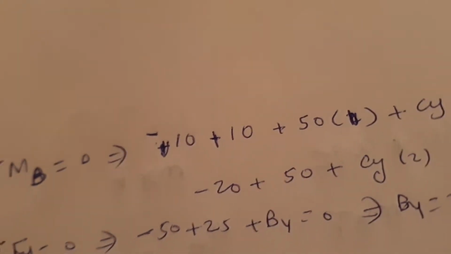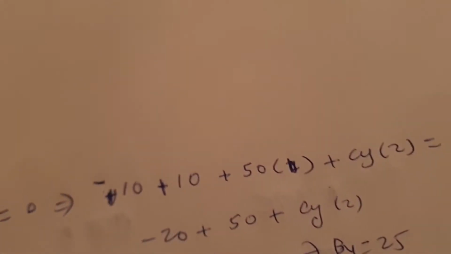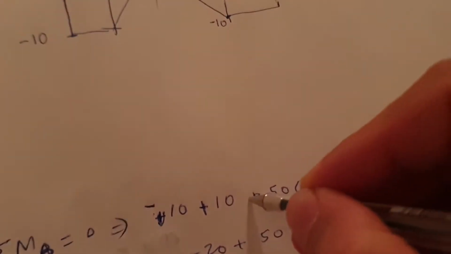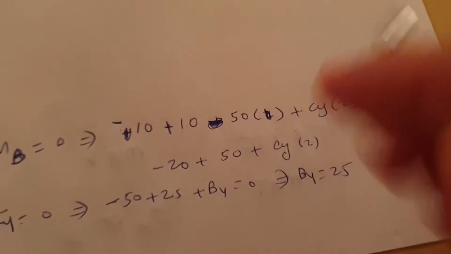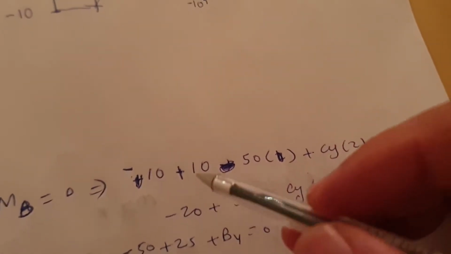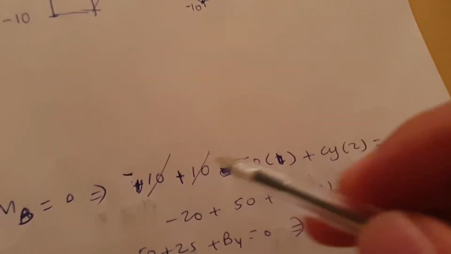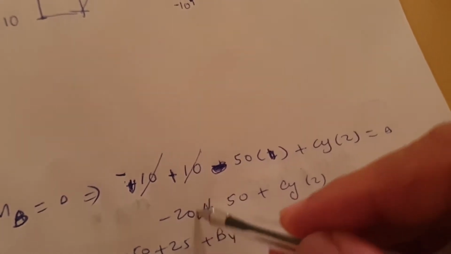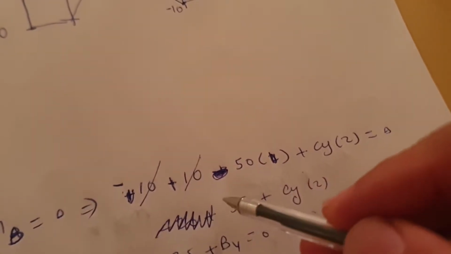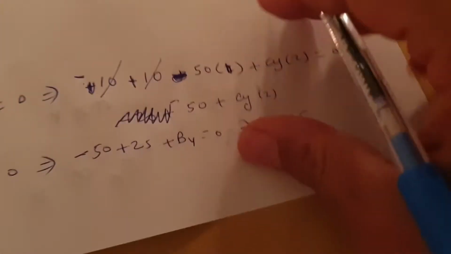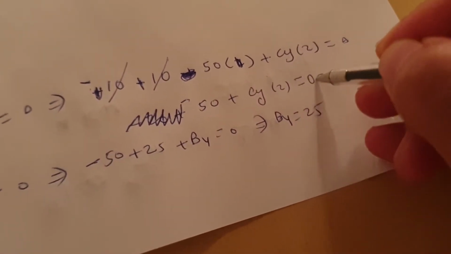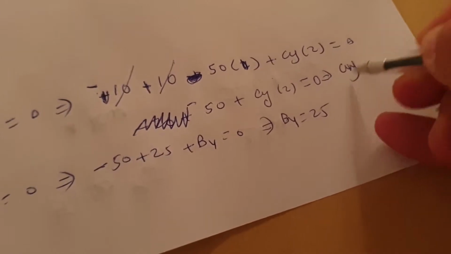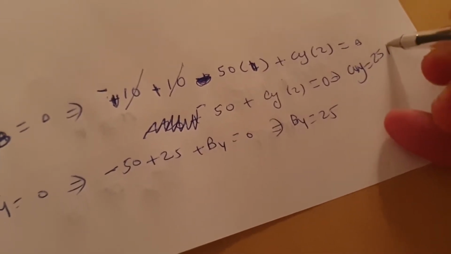So minus 50 times 1 plus Cy times 2, the moments cancel out, and you'll end up with minus 50 plus 2Cy equals 0, so Cy is 25 kilonewton.